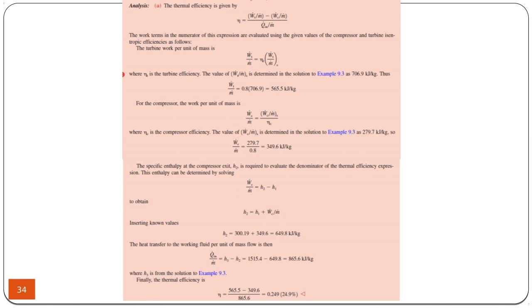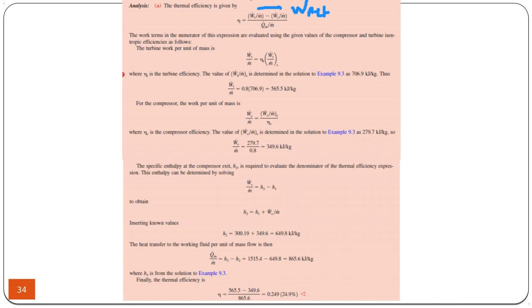So the thermal efficiency is always the net work divided by Q in. But in order to calculate the net work, we have to use the isentropic efficiencies this time.